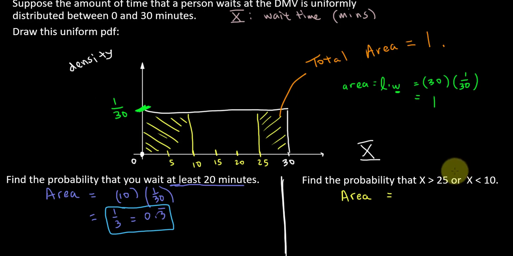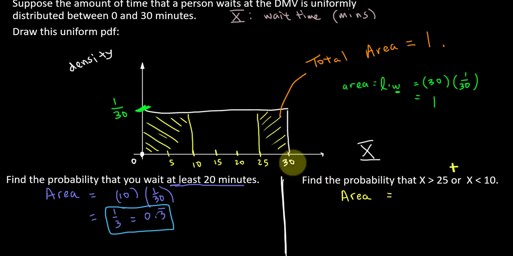Or, remember when we talked about the addition rule, we're going to need to find these two areas and add them up. They are disjoint. They can't happen at the same time, right? You cannot somehow wait only less than 5 minutes and have that also be more than 25 minutes. It doesn't work like that. We need to find these two regions.